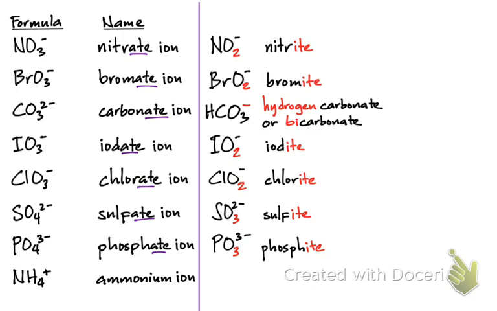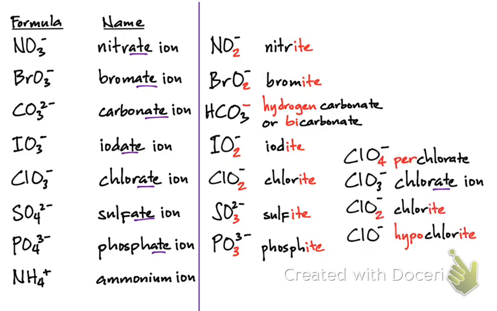The chlorate ion, let's say the main ion here, has the chemical formula ClO3 minus. If you have one extra oxygen, so instead of ClO3, you have ClO4 minus, what you do is you add a prefix called per. So it would be a perchlorate ion.